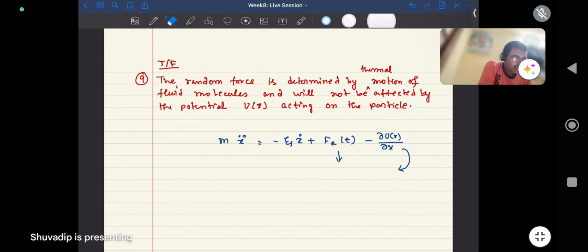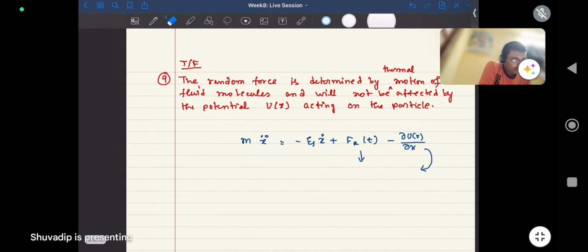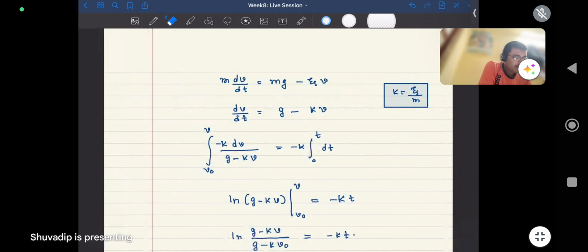Similarly, in the previous problem where we wrote down the equation with mg, this mg is a force due to some external potential. The potential is something like mgx, and if you take -∂U/∂x, you will get the force mg, which we have written down here. But in that case there was no random force because the particle itself is massive, so there is no effect of random force, no point in considering that force explicitly.